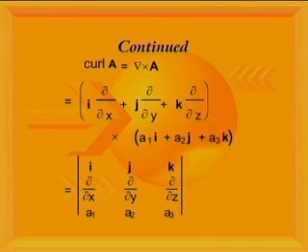So here is this determinant, whose first row is i j k, the second row is partial x, partial y, partial z, and the third row is a1, a2, a3.